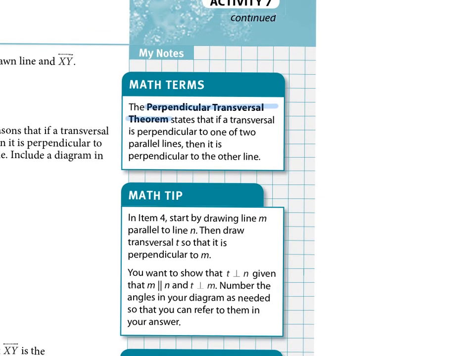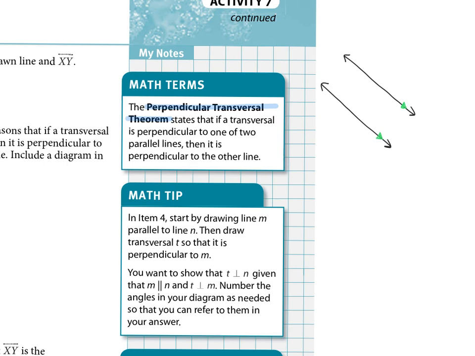So we have a transversal that's going to cut through two parallel lines. Let's start off drawing maybe our two parallel lines. And I would definitely want to put that symbol that shows they're parallel. Remember, it's that triangle, or if you like, you could just put the arrow.